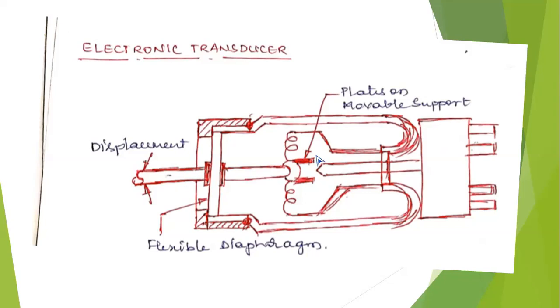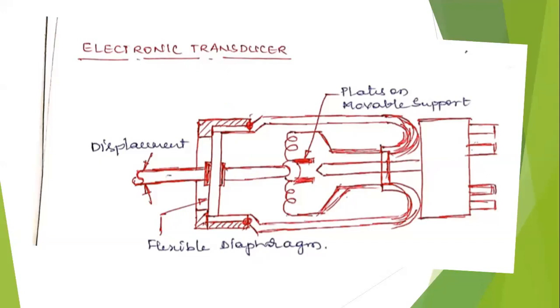Due to this, there will be a change in the electrical current. That current is accepted by this rod, which is connected to the terminal, and the terminal is connected to the milliammeter. The milliammeter is directly calibrated into the surface roughness, that is, in microns. This is the principle of operation of the electronic transducer.